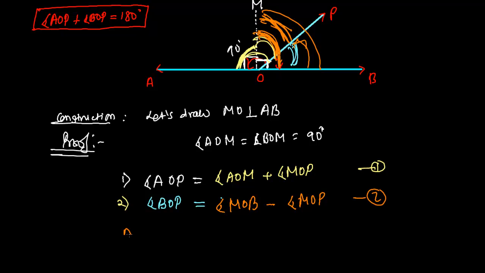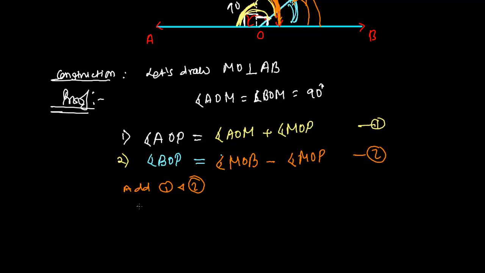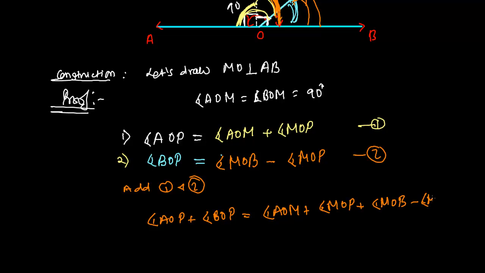Now let me add 1 and 2. What will I get? Angle AOP plus angle BOP equals angle AOM plus angle MOP plus angle MOB minus angle MOP. See what gets cancelled: this is minus and this is plus, so I can cancel them.